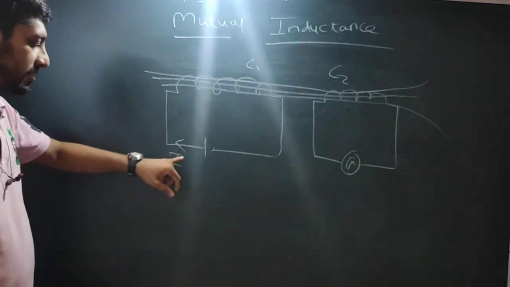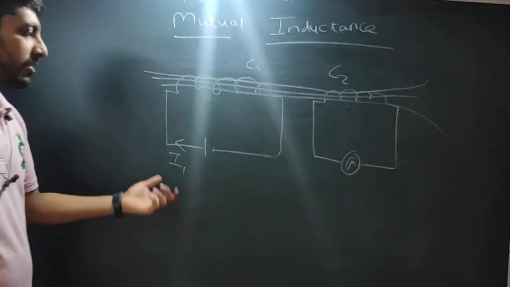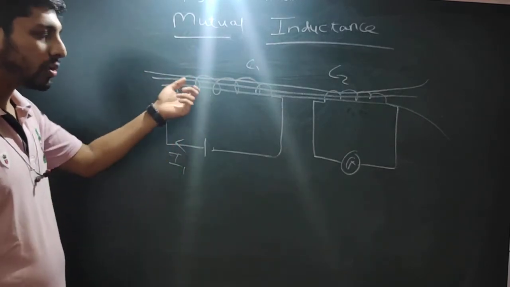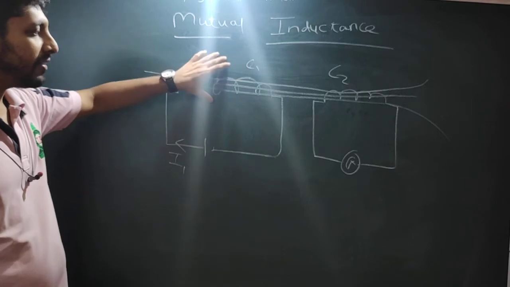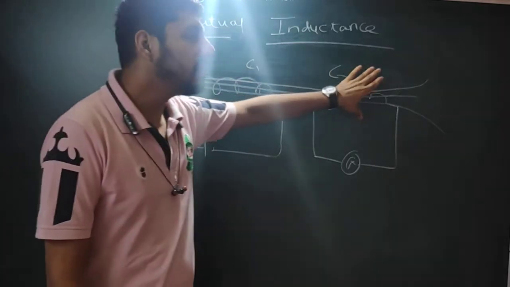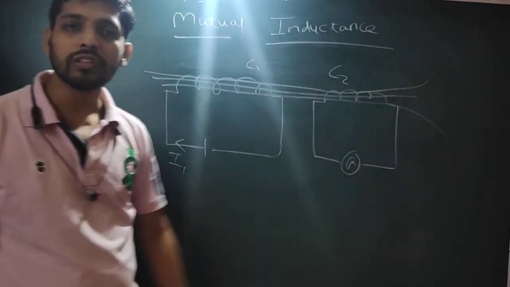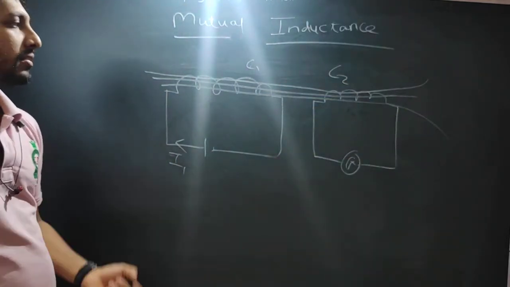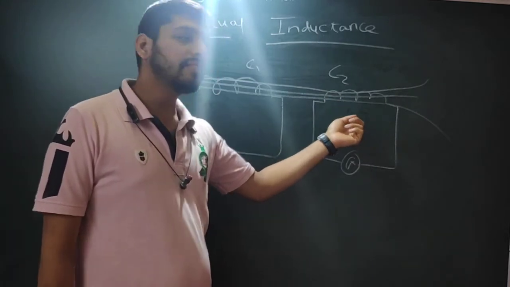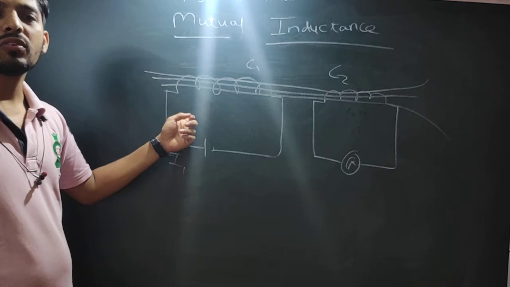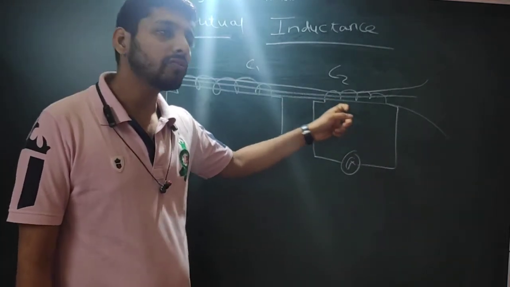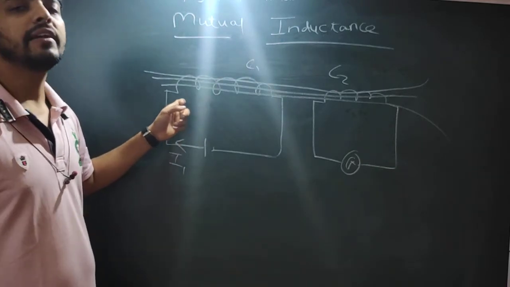If I vary the current I1 in coil 1, if I increase or decrease it, the number of magnetic field lines over here will change. Then the magnetic field lines over here will also change, which means that the magnetic flux in coil 2 depends on the variation of current in coil 1.